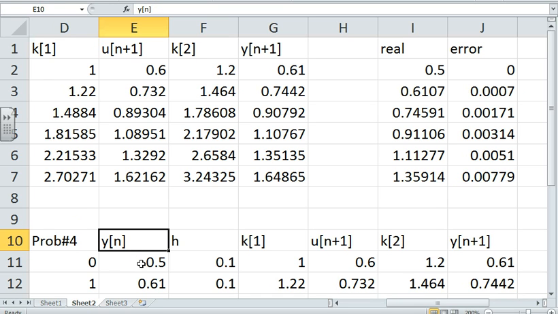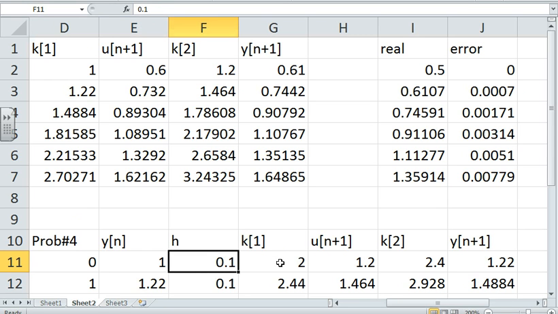Initial condition is 1. My H's are the same. My K1 is the function at x and y.